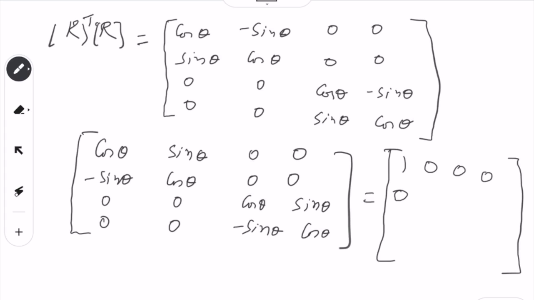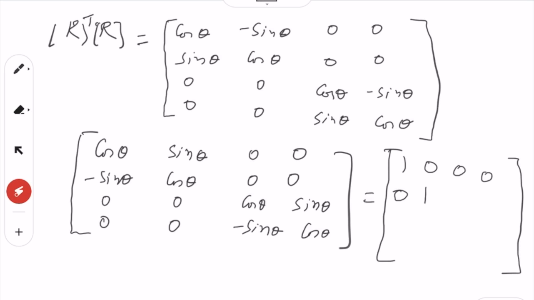Okay, so now we have the second here and this one. So sin square theta plus cos square theta plus 0 equals 1. Sin square theta plus cos square theta, so we have 1. And similarly you can multiply the others.